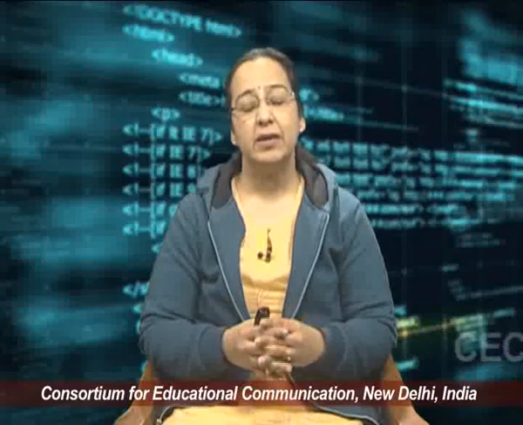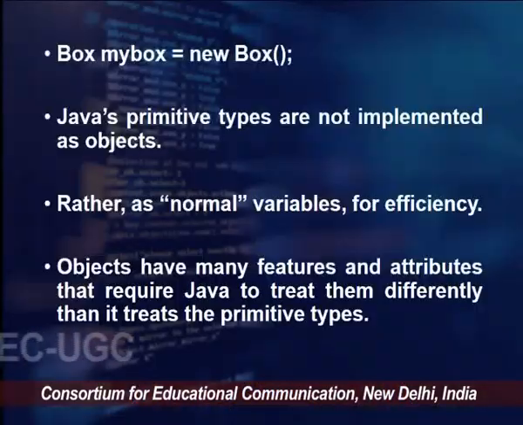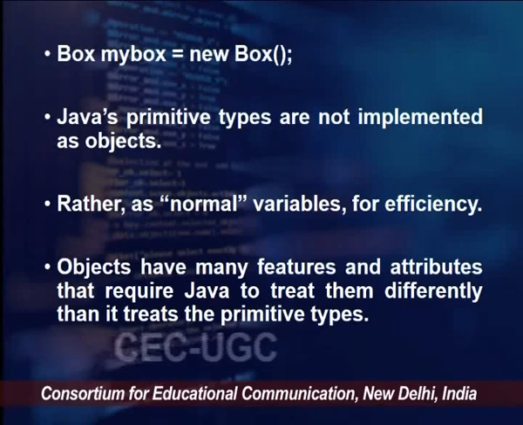So the focus here is that objects in Java are created using new, while when we compare them with primitive types, like integer or character or double, Java's primitive types are not implemented as objects.